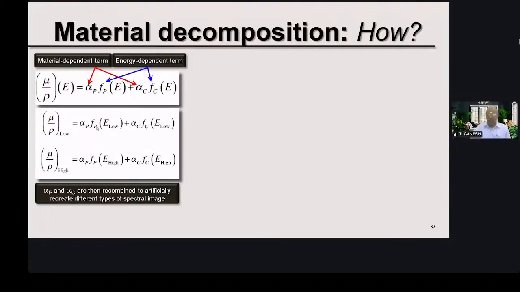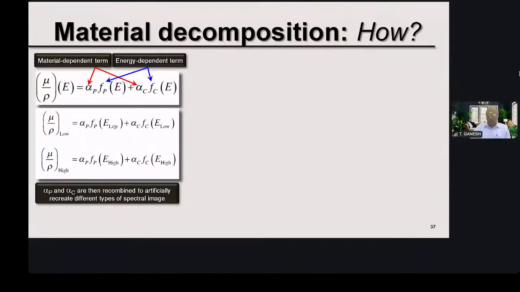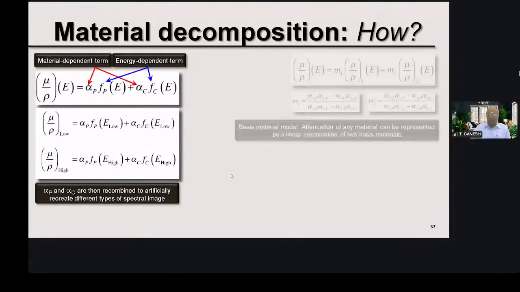And these energy dependent terms are easily known from the measurement and also from the published data. So we can solve these equations to determine alpha P and alpha C, which are the material dependent terms. Once alpha P and alpha C are computed, they can be recombined artificially to recreate different types of spectral image. We are going to see what kind of images we can produce.